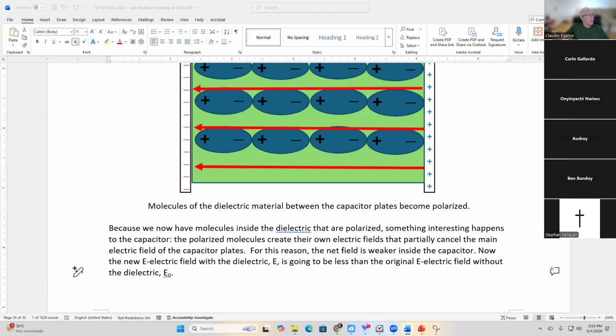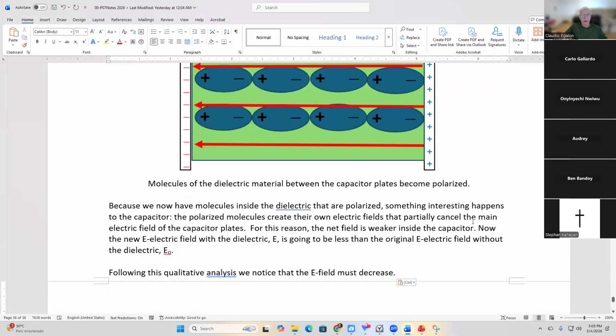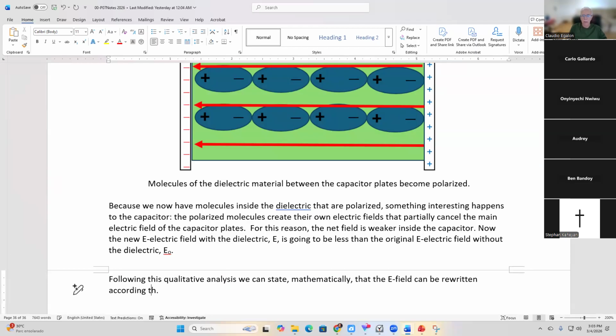Here you go. And so we can write it like that. Following this qualitative analysis, we can state mathematically that the electric field can be rewritten according to the following equation.